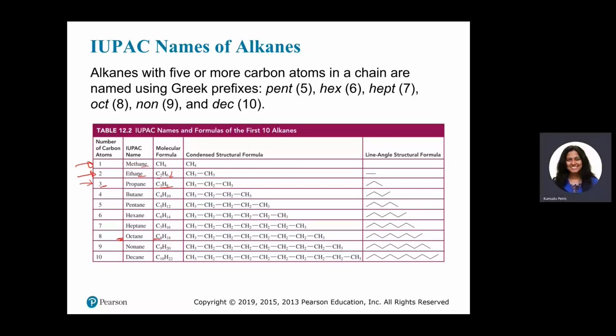So the general molecular formula for an alkane can be written as CnH2n+2. If there are three carbons, then how many hydrogens? Yes, 3 times 2 is 6, 6 plus 2 is 8. So it's an easy way to remember the molecular formulas.